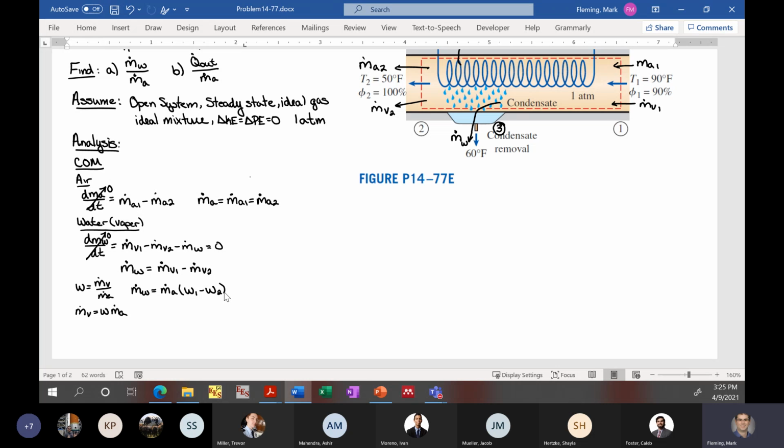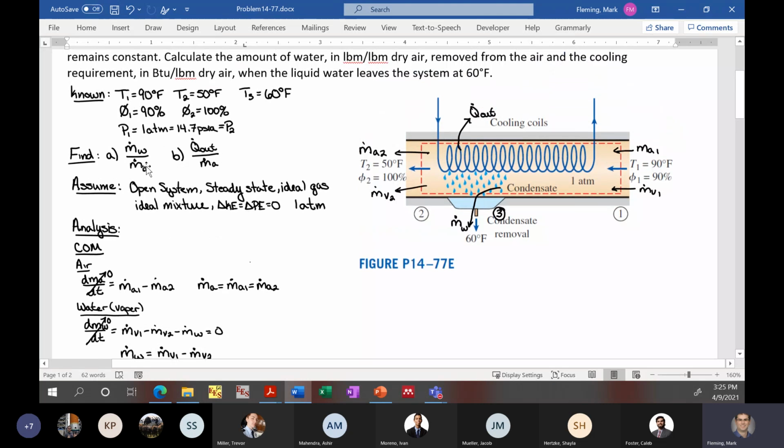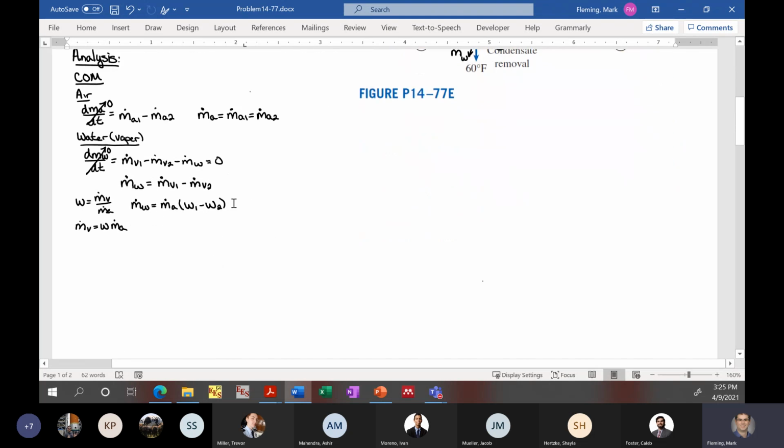Okay, so that was the answer we got on the previous setup. But we don't have a mass flow rate of the dry air. We were told that we had to find the mass flow rate of the liquid water per mass flow rate of dry air. And so what we'll do is we'll just go ahead and divide both sides through by the mass flow rate of the dry air.